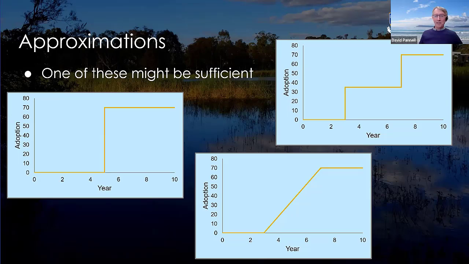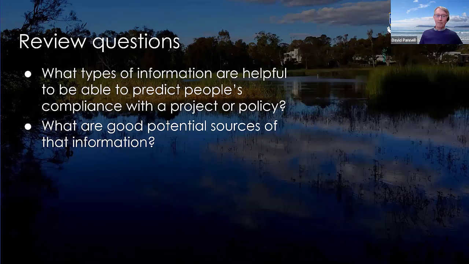For different BCAs, in different cases, I've used any of these options: a smooth line, a sudden jump, or a step, a couple of steps. Depending on how important your project is and how accurate your information is, one or the other of those might be sufficient. Okay, that is my prepared blurb.